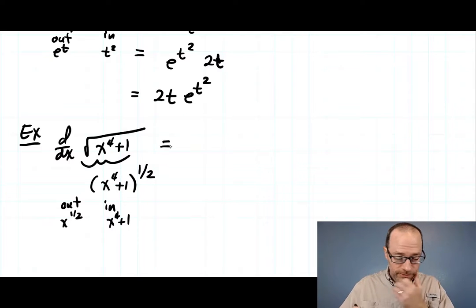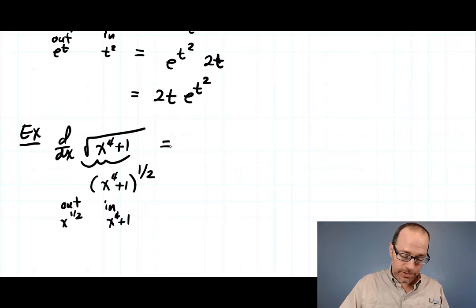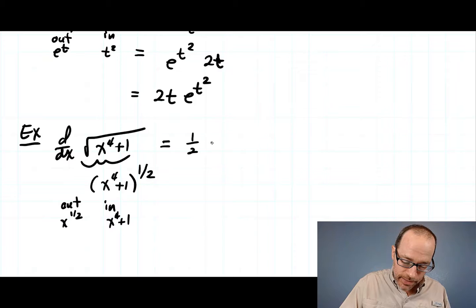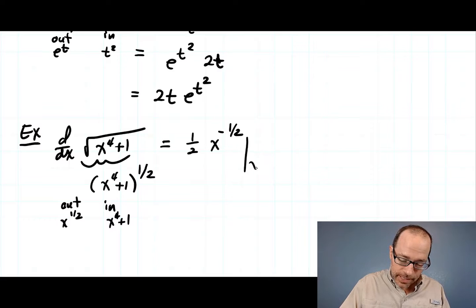So the derivative, by the chain rule, you take the derivative of the outside function, so that's the derivative of x to the 1/2, so that's 1/2 x to the minus 1/2. And then I have to evaluate this at x to the fourth plus 1, namely plug that in for all my x's.